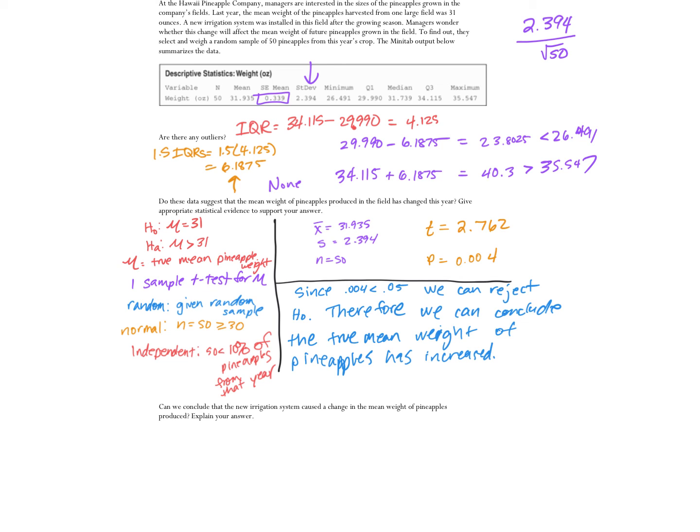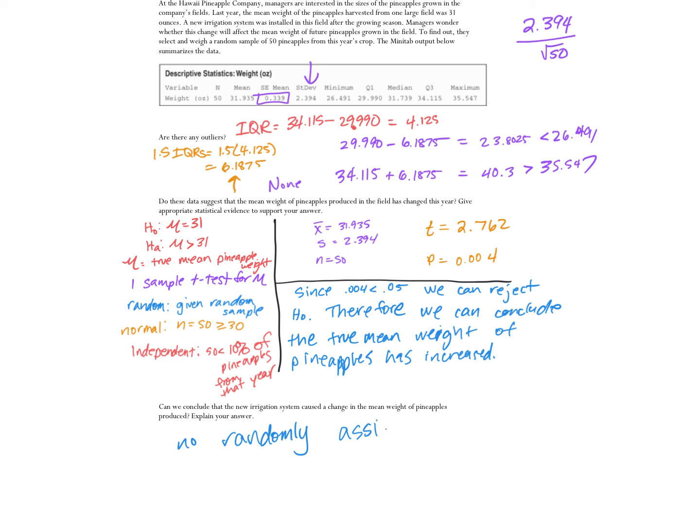So how could they have set this up differently so that they'd be able to say it was the irrigation system? What should they have done? Have some pineapples that aren't in the irrigation system. Maybe have 10 different plots and randomly assign. Is everybody with me?